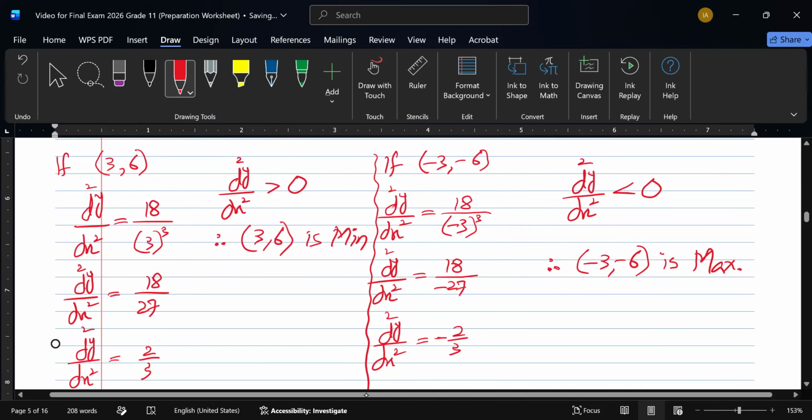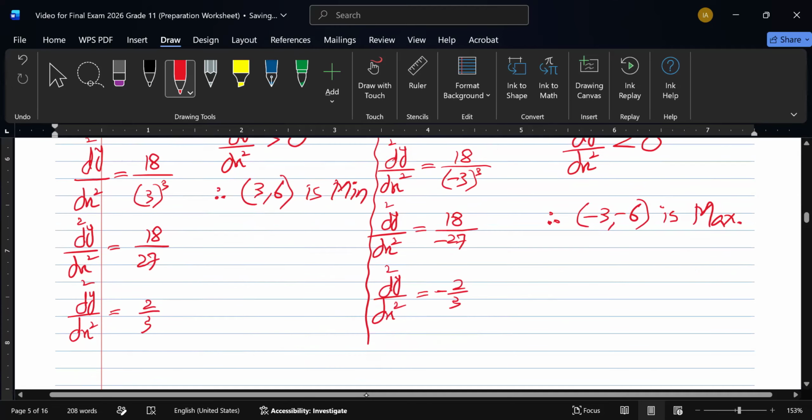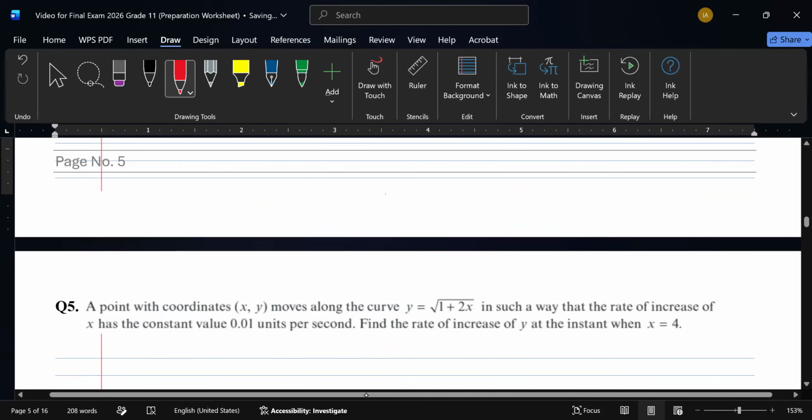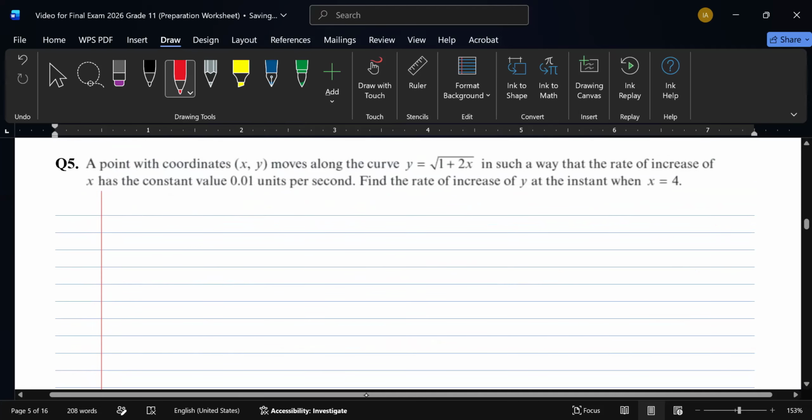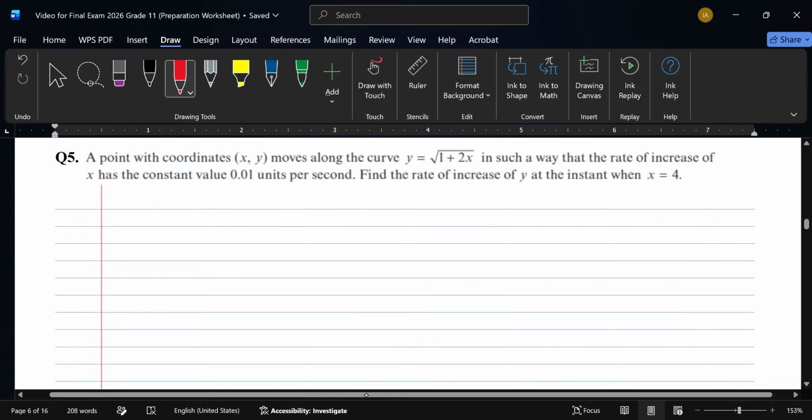Let's move on to the next question. Yes, it says, a point with x coordinates, this and this, moves in such a way that the rate of increase of x has the constant value 0.01 per second. Find the rate of increase. Okay, the keyword is the rate.